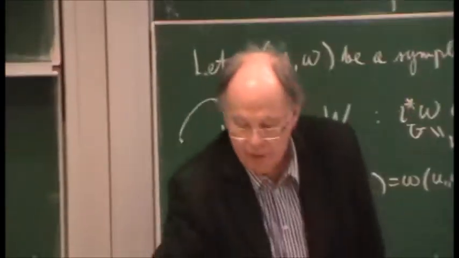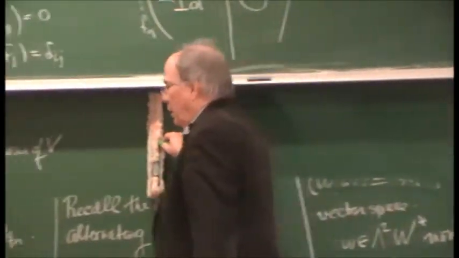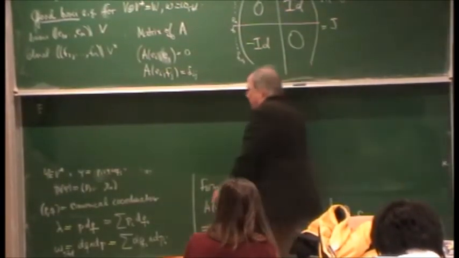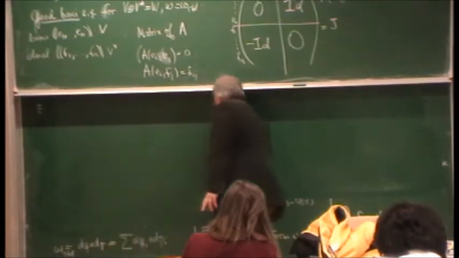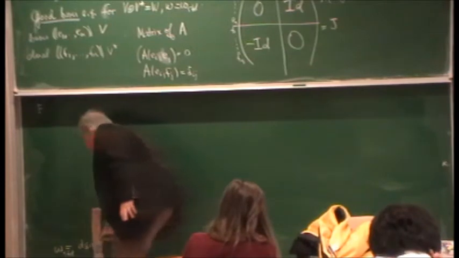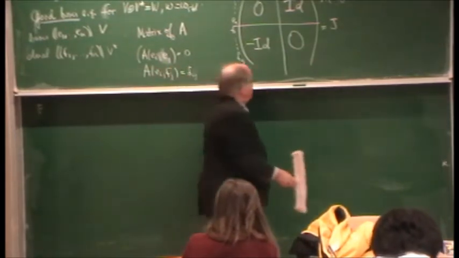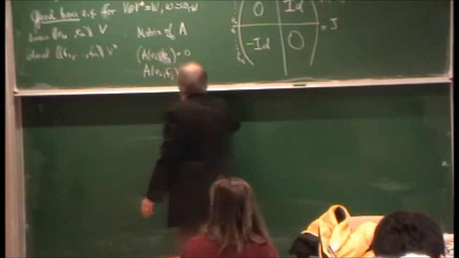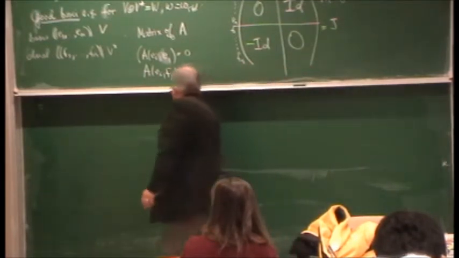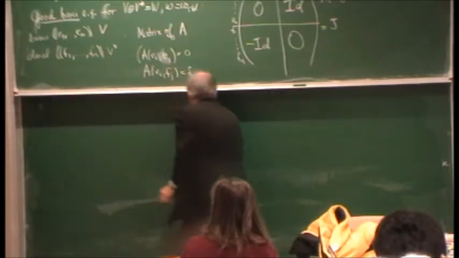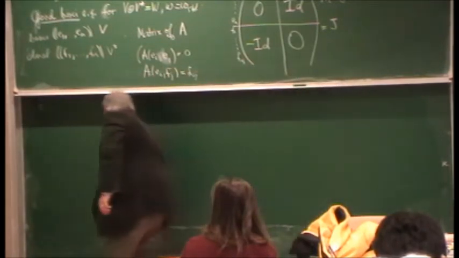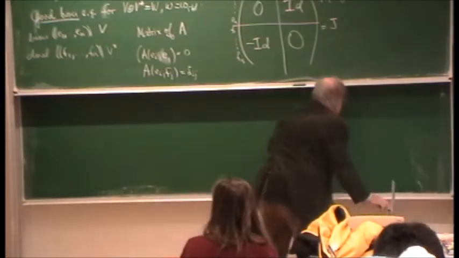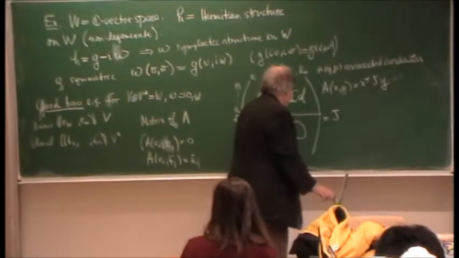So that's phase space. Still doing symplectic linear algebra just as a good example. J seems very important.